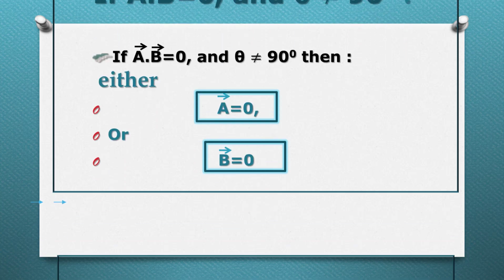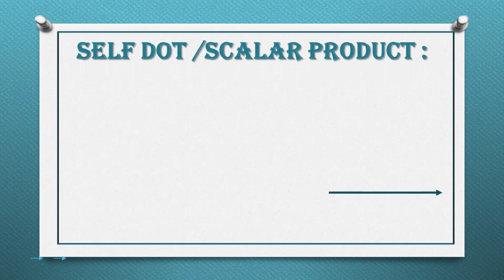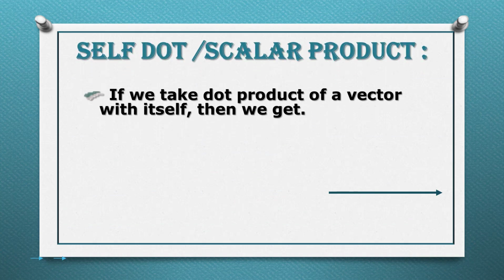Okay, consider another case. If we take the dot product of a vector with itself, multiplying a vector with itself, then what will be the result? We have two vectors placed one on another. So we will put in the formula A dot A, because we are taking the self product of a vector with itself.